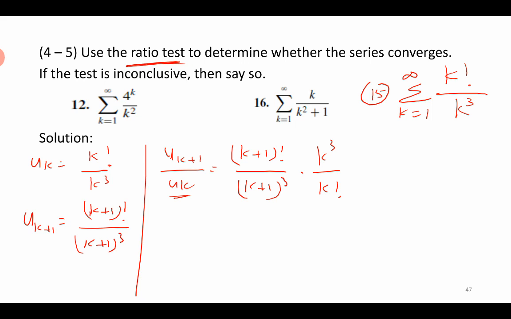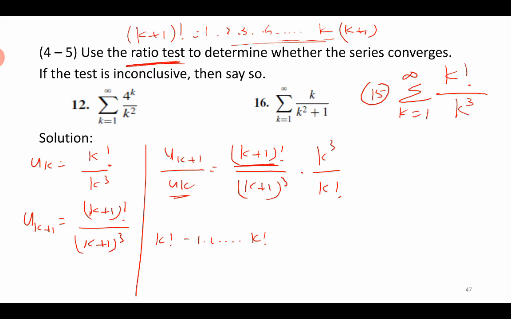Now you remember (k+1) factorial is 1, 2, 3, 4, up to k and k plus 1, isn't it? When you expand this, you will find k factorial is 1, 2, up to k.